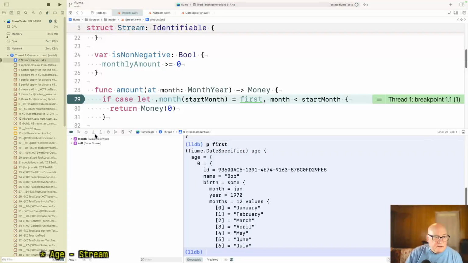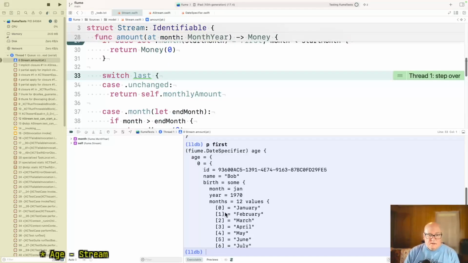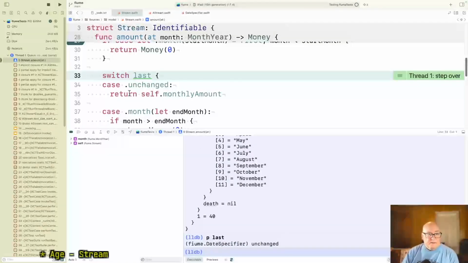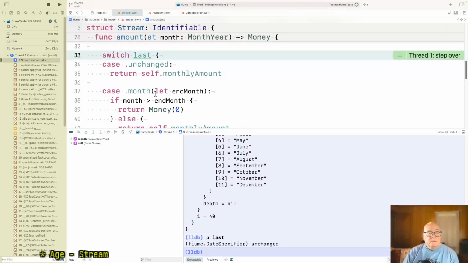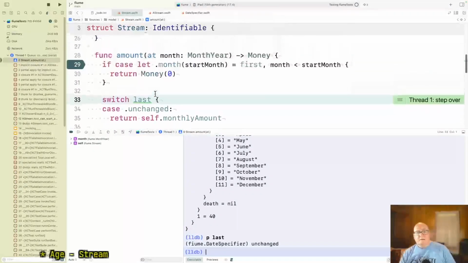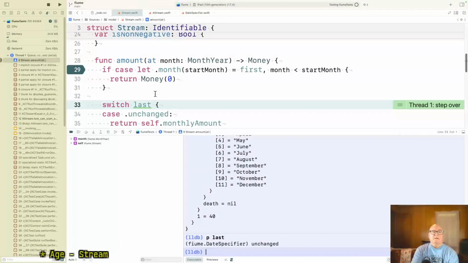Where's my debugger? Step over. Okay, and let's look at last. Isn't unchanged. Oh, it's different, isn't it? Right.